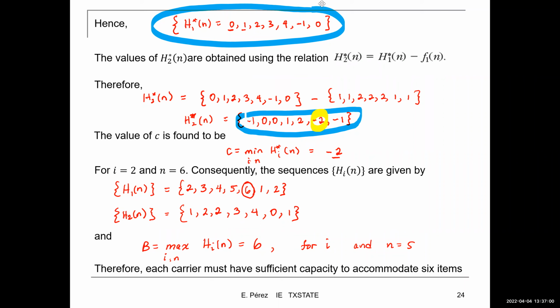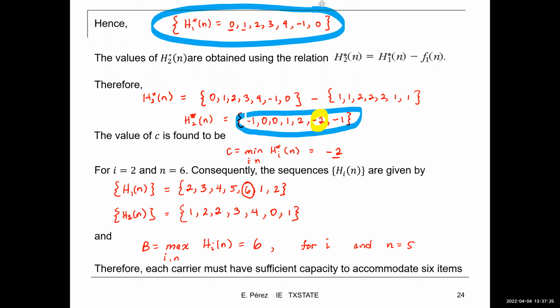Therefore, each carrier must have sufficient capacity to accommodate 6 items. So if you were to design for this scenario, each carrier should at least have the capacity to load 6 items, because that's the maximum that you are going to observe when the system is in steady state.